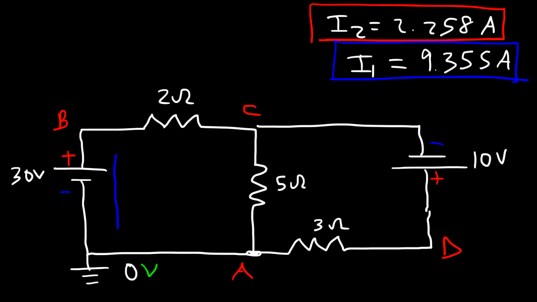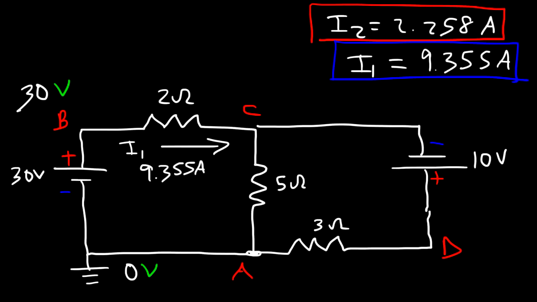So going from A to B, we have a voltage lift of 30 volts. So potential at B is going to be 30 volts. Now going from B to C, we know that the current flowing through the 2 ohm resistor is I1, and that's a current of 9.355 amps. So to calculate the voltage drop of this resistor is the current times the resistance.